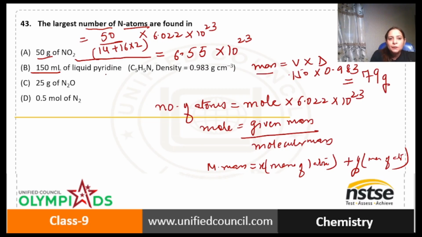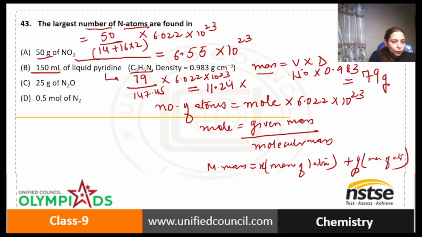Once you have this mass, you can put in 79, and the molecular mass will come out to be 147.45, into Avogadro's number. If you solve for it, for pyridine it will come out to be 11.24 into 10 raised to power again 23 atoms.